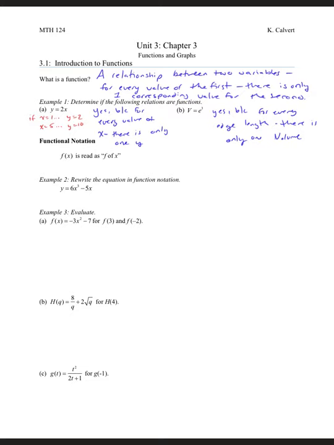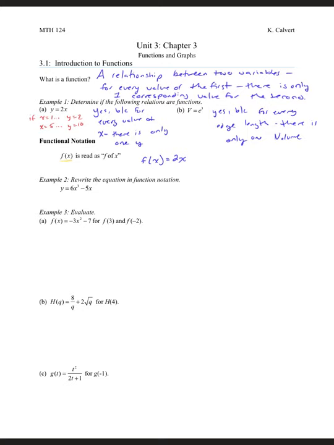Now, the next thing we're talking about is what we call functional notation. We say something is written in functional notation if it has this notation f of x, and that's how we're going to read it, f of x. So we might see a function that looks like f of x is equal to 2x, which you can notice is very similar to this example up here.